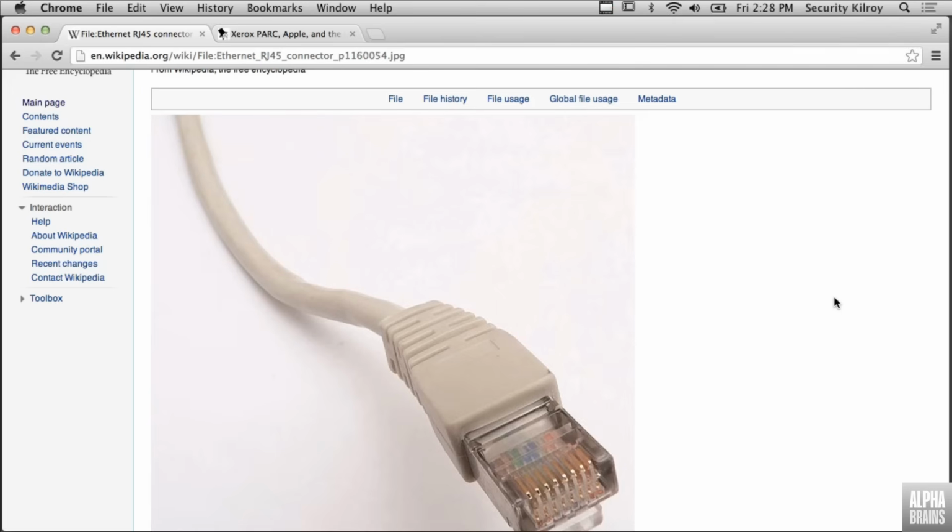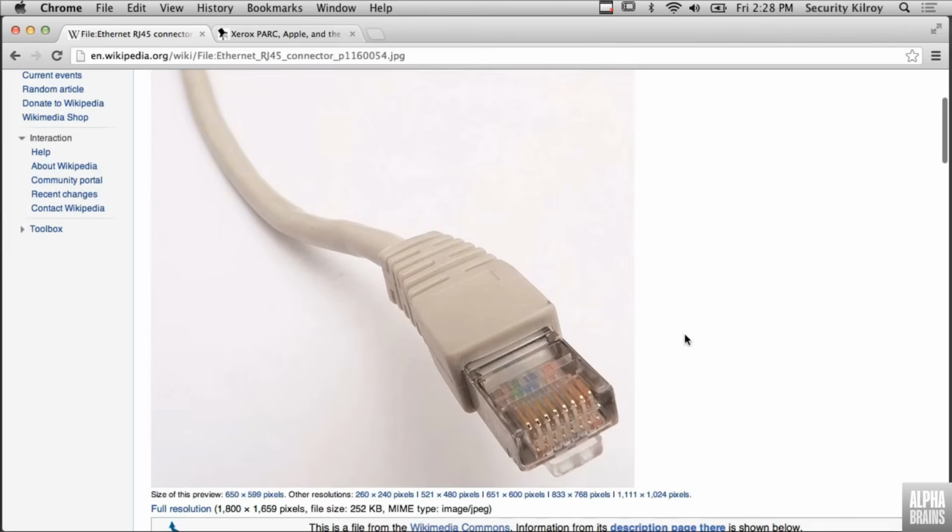There are 4 pairs of thin copper wires, and you can see the different colors of the copper wires as they come out into the jack. The jack here is an RJ45 jack, and this is pretty common Ethernet cabling today.